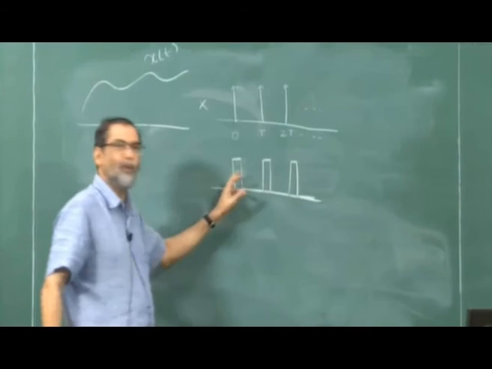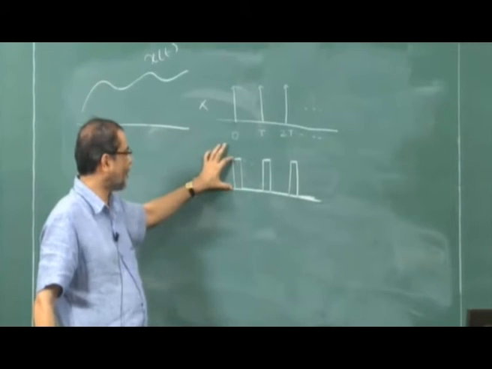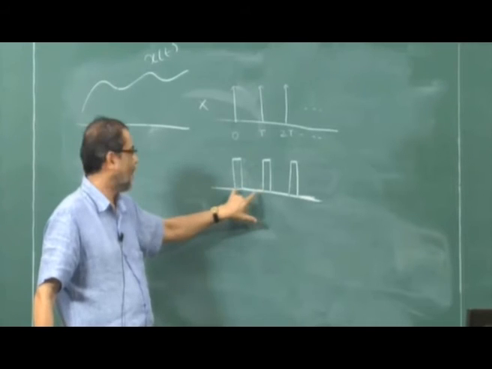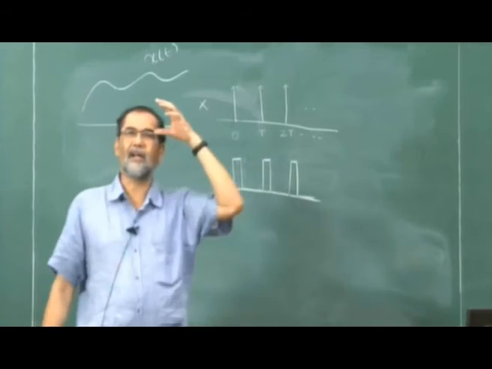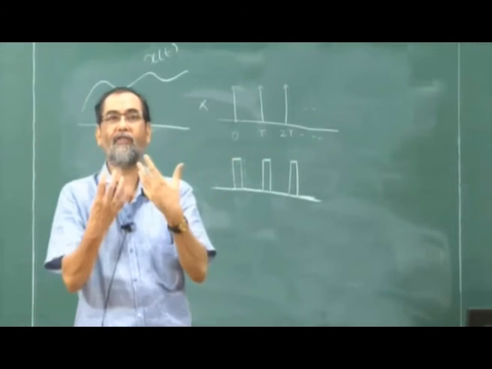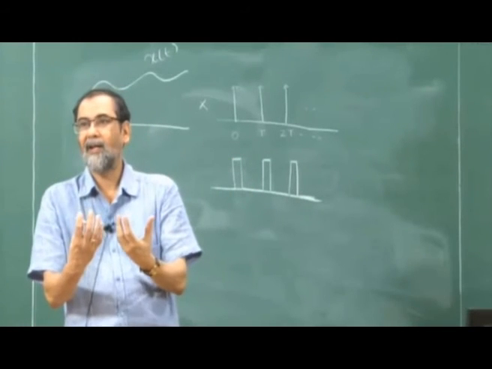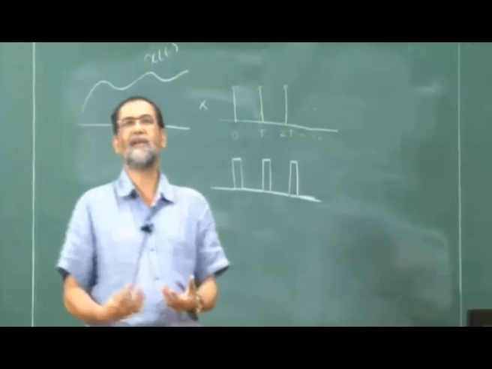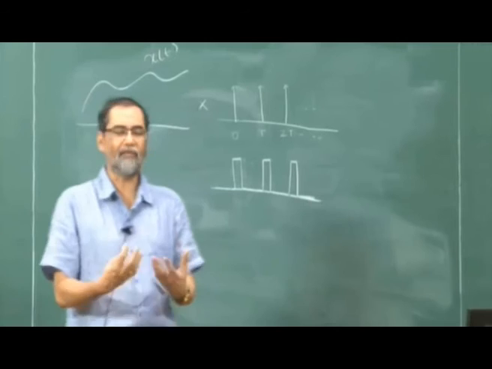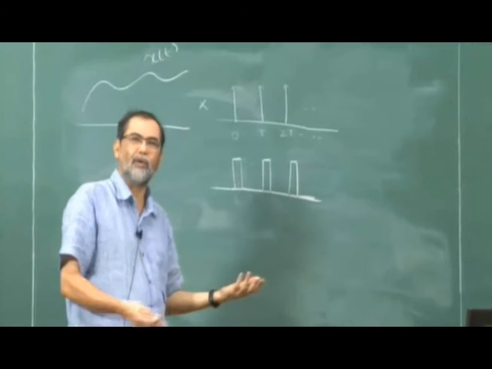This is called the duty cycle. This is the on time, this is the off time. On time is very short compared to off time. So it has a certain duty cycle. When off time, on times are equal, it is 100% duty cycle, right? And here the on time is much smaller compared to off time, so it has a very small duty cycle.